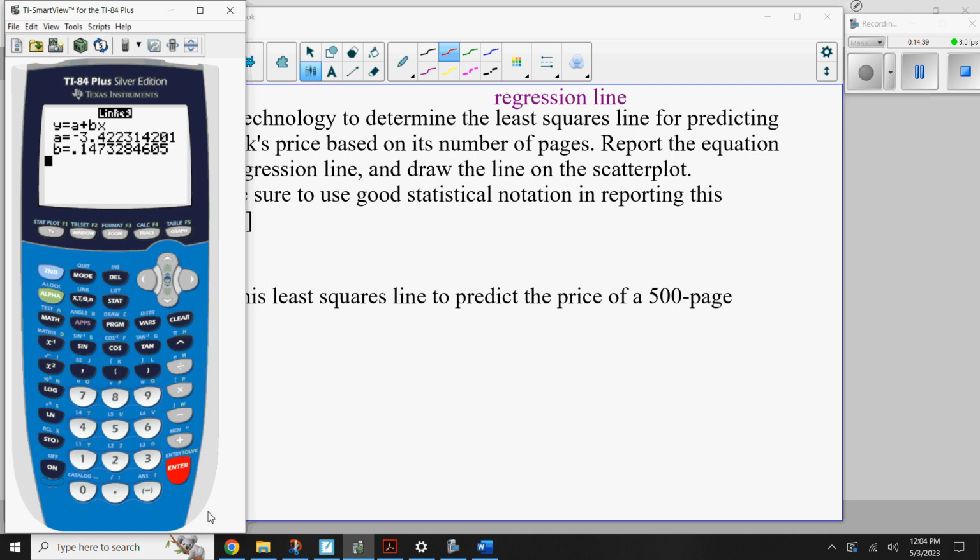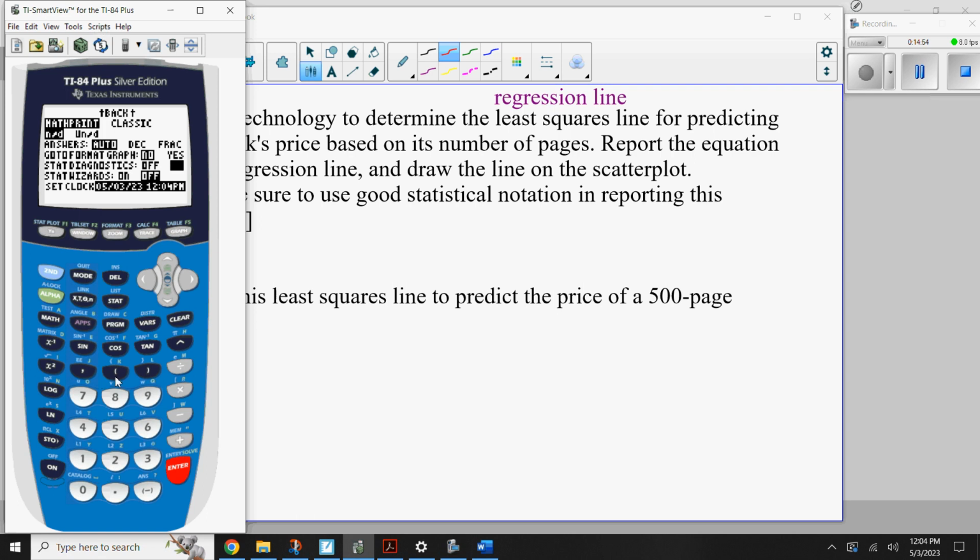And the way we do that, and you're going to want to know how to do this, is again press mode and go down to the bottom. And where it says stat diagnostics, I want you to turn that on. So I'm turning that on right now.